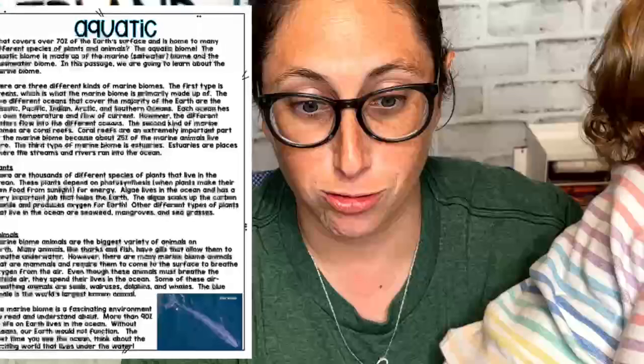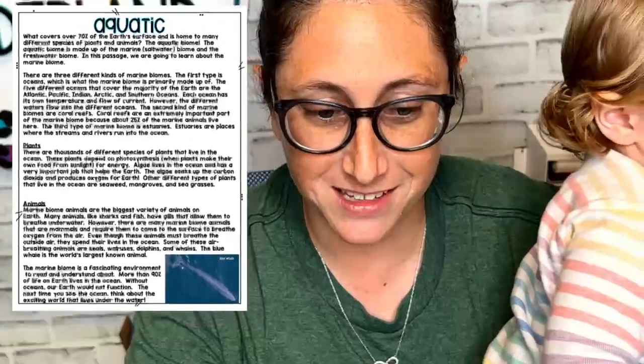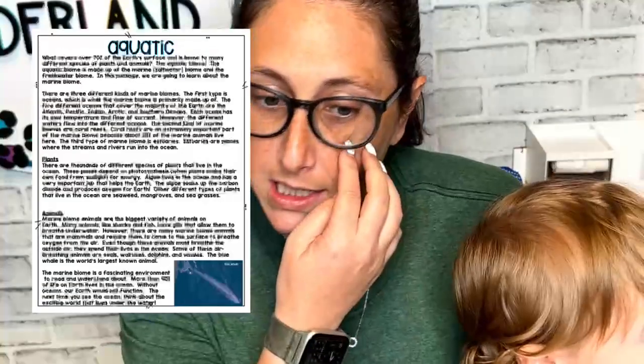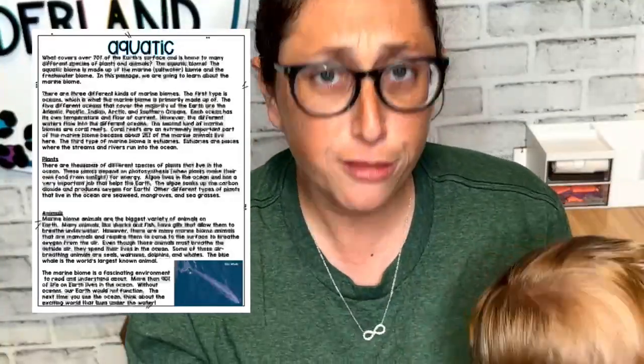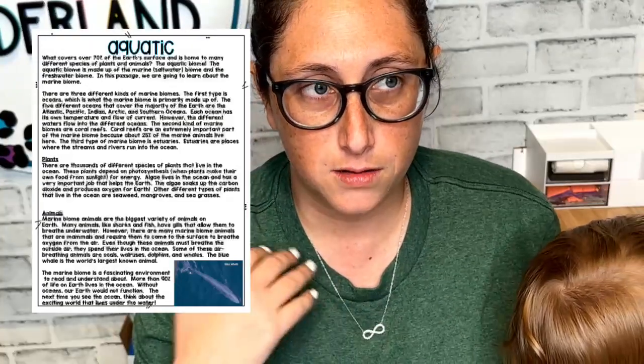I have my camera here and my computer here because I'm going to do some drag and drop stuff for you guys today so you can see. One of the first things I love to do, and this is actually one of my favorite resources that my kids loved, is we would go through and learn about the different biomes around the world.